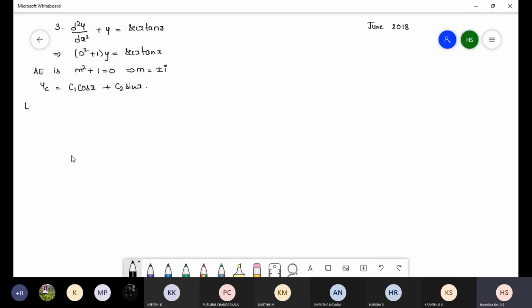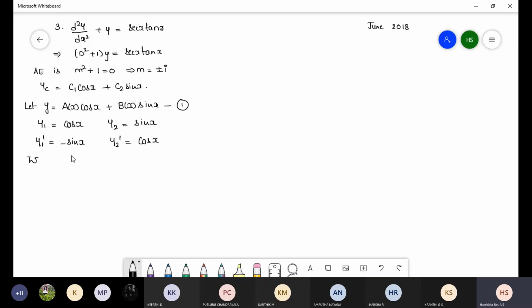Next, let y is equal to a of x cos x plus b of x sin x. Call this equation 1. From here, y1 is equal to cos x, y2 is equal to sin x, y1 dash is equal to minus sin x, y2 dash is equal to cos x.